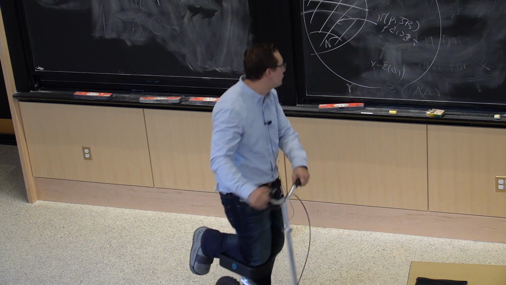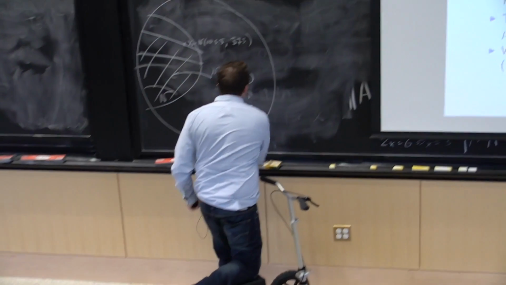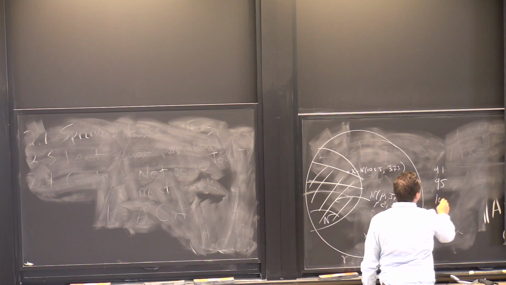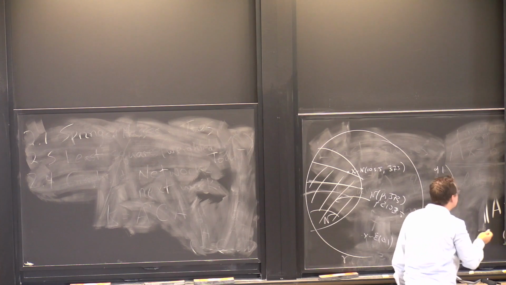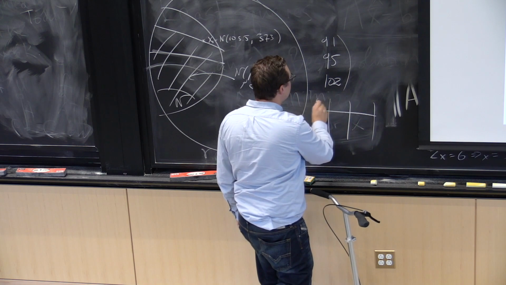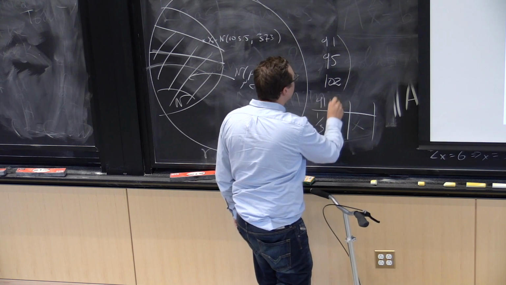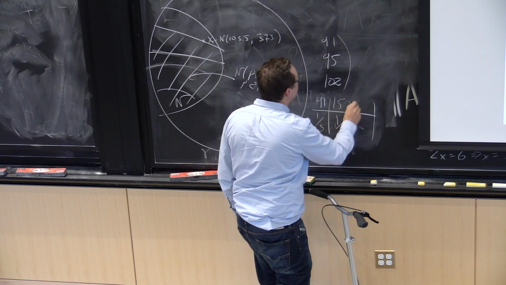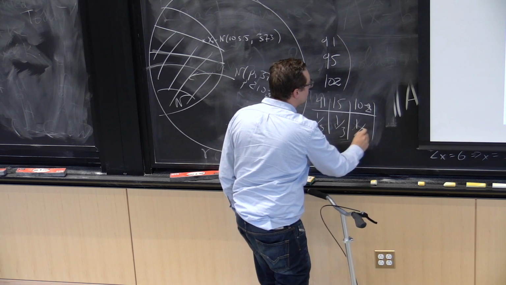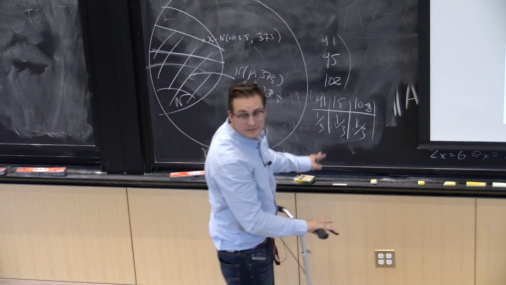If the numbers I got were, say, 3, 90, 95, and 102, then the most likely distribution for those guys is the discrete distribution that takes 3 values, 91 with probability 1/3, 95 with probability 1/3, and 102 with probability 1/3, right? That's definitely the most likely distribution for this.